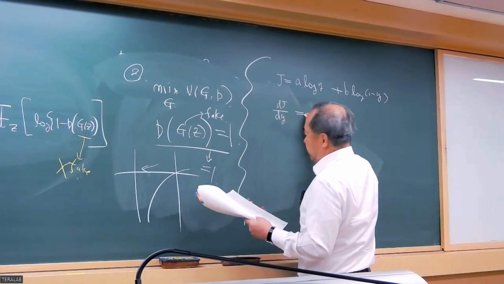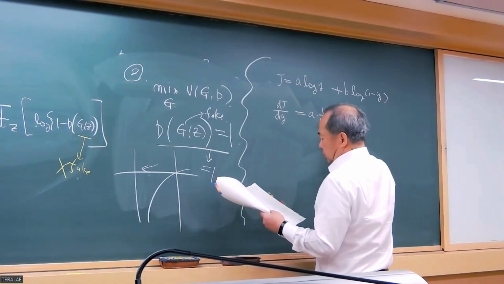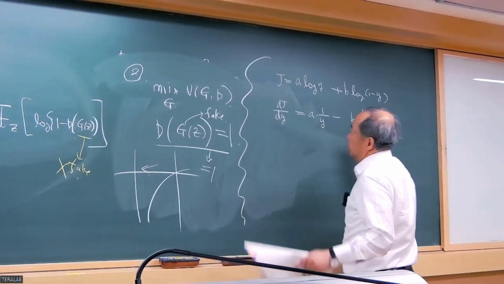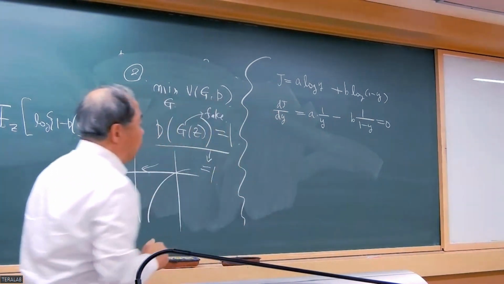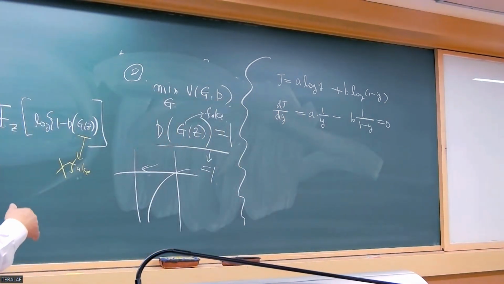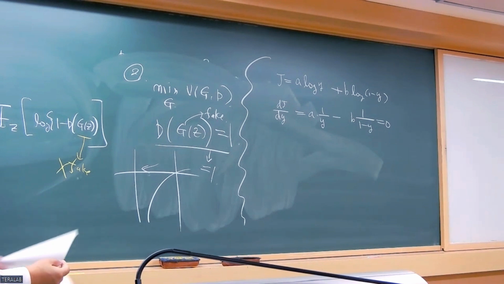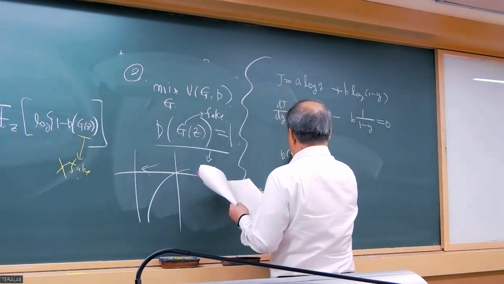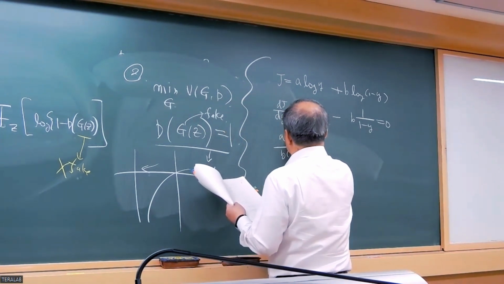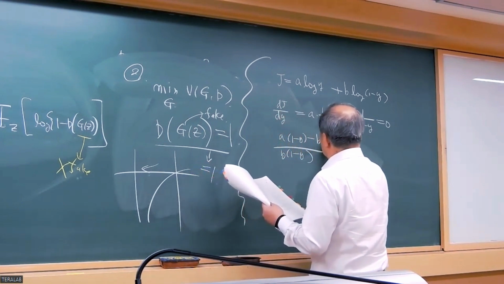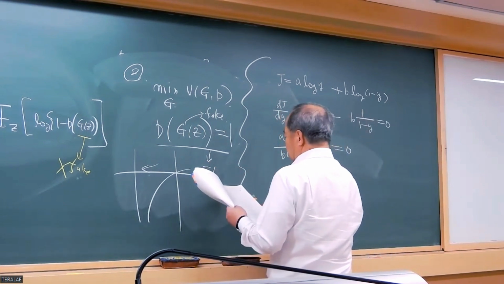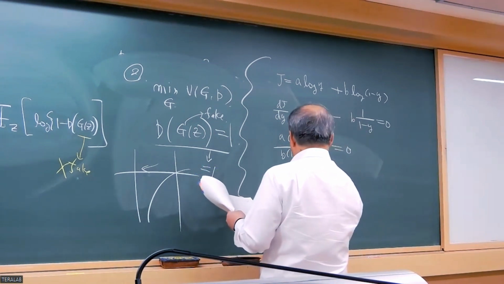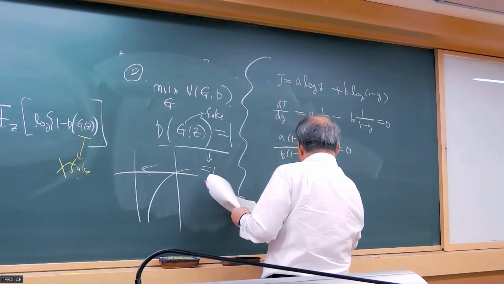Differentiation of J is becoming, what would be the best y to have optimal point, and I'm doing the differentiation, then equal 0, a(1 minus y) minus b y is equal to 0, then y is equal to a over (a plus b).